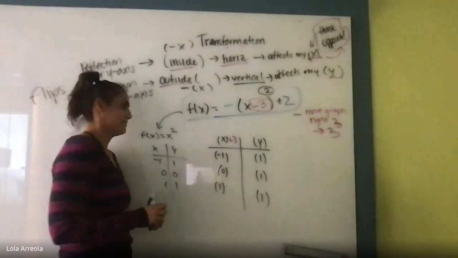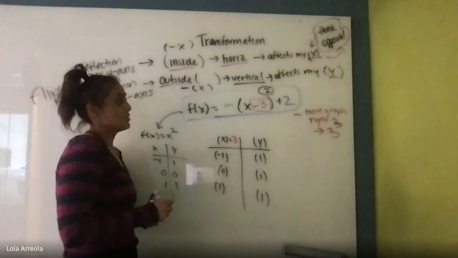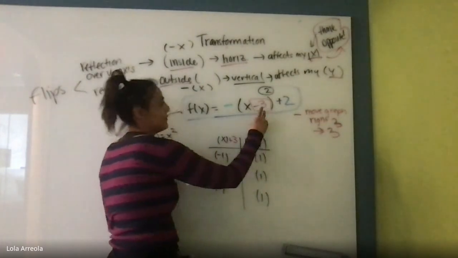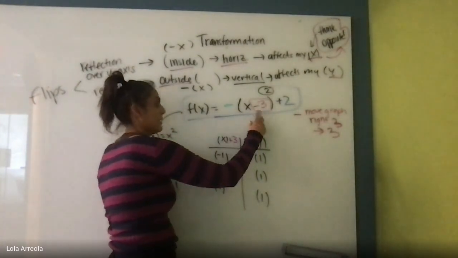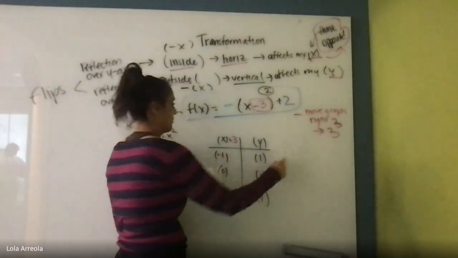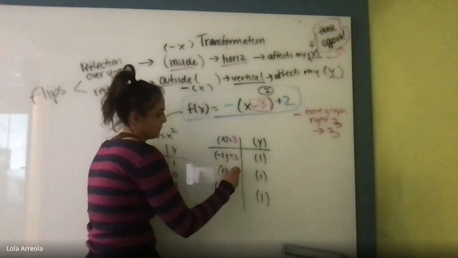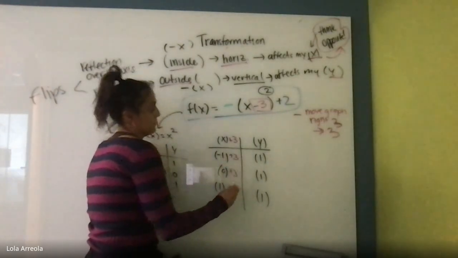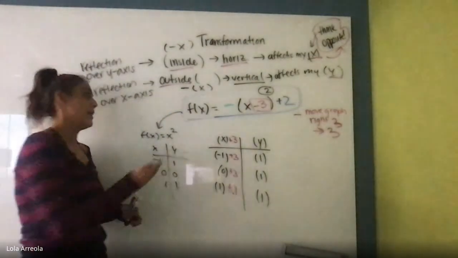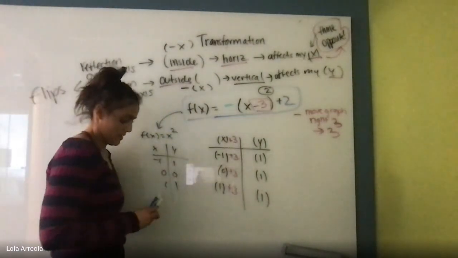The opposite. Okay? So because it's doing the opposite of what I would naturally assume, that -3 means right 3, I'm actually adding 3 to all my x's. That -3 means +3 to all my x's.